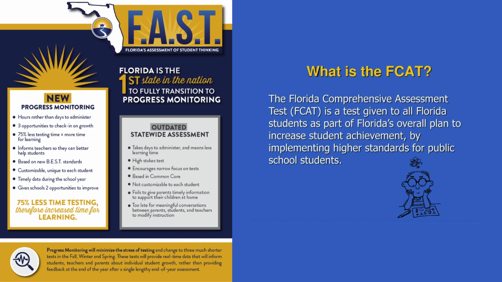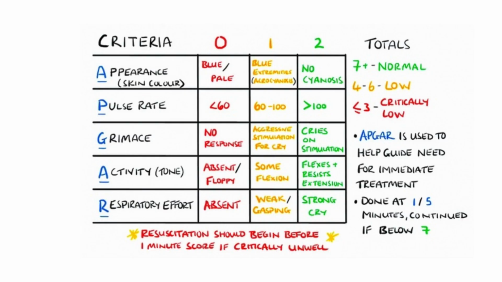It has since been outdated, but here is a brief understanding. You may pause this video at this time to read in more detail about these two state standardized exams. In addition, if you'd like to know more about the APGAR scale, here is a drawing that displays the criteria for the APGAR scale that I previously talked about.